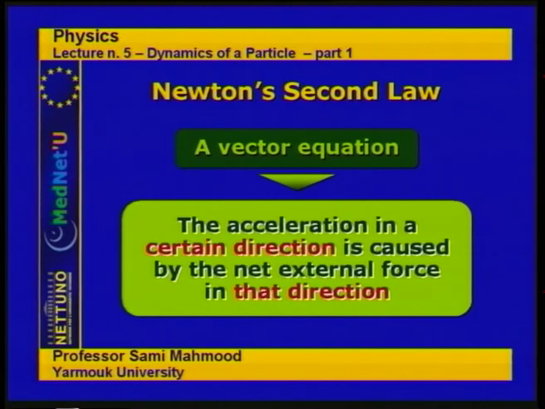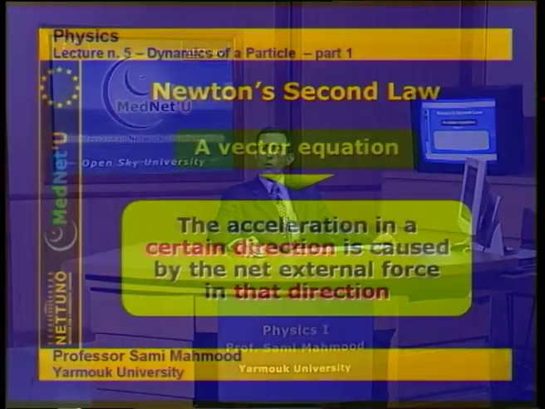The y component of the external forces would give the y component of the acceleration, and the z component of the external forces would lead to the z component of the acceleration. So by this, we can use Newton's second law as 3 separate equations, each one of them correlated with 1 direction of the 3-dimensional space.